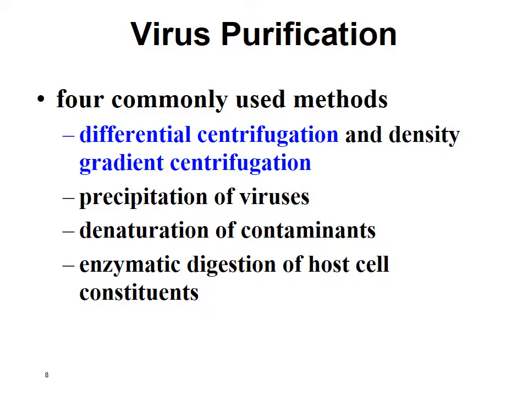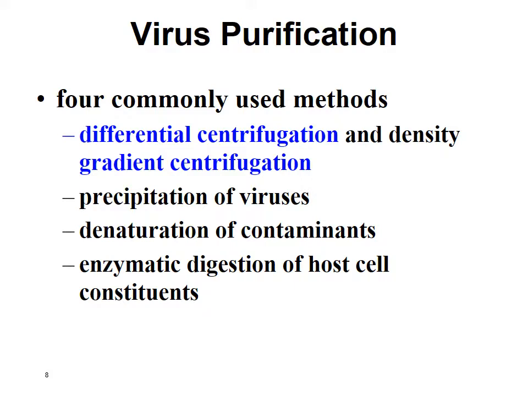Density gradient centrifugation is very similar, but it uses a gradient of sucrose from about 20 to 50% sucrose. And then when centrifugation takes place, each virion particle will come to rest at a density which is equal to the density of sucrose.